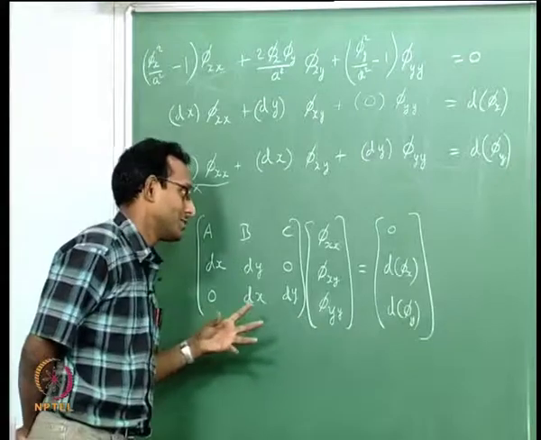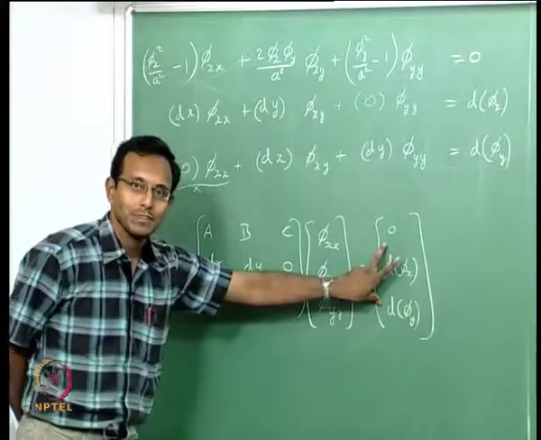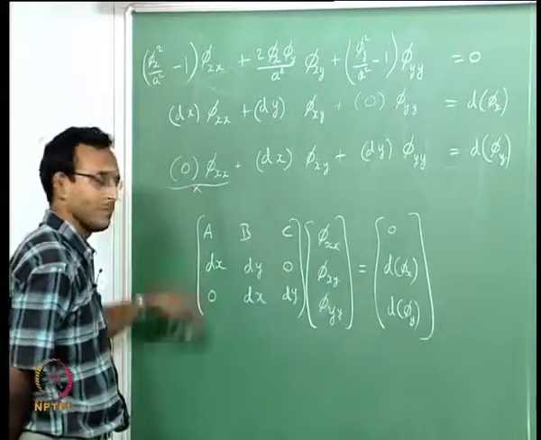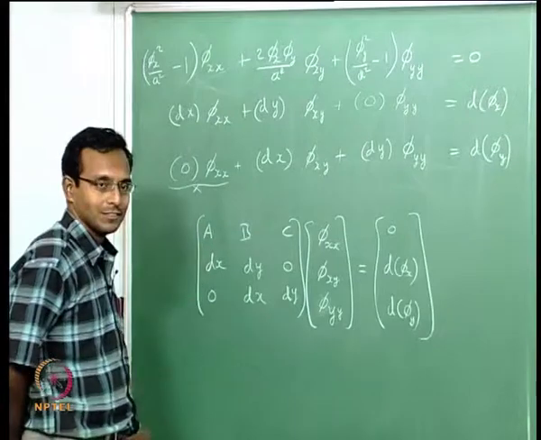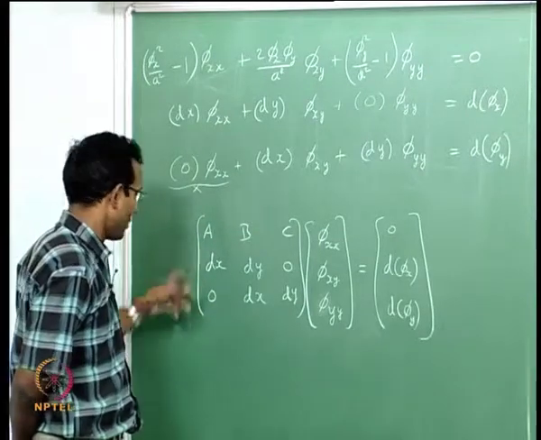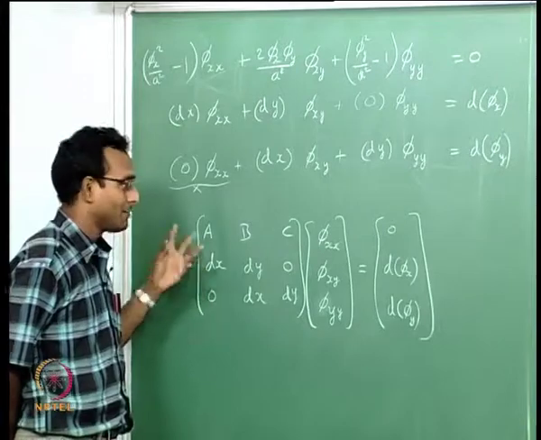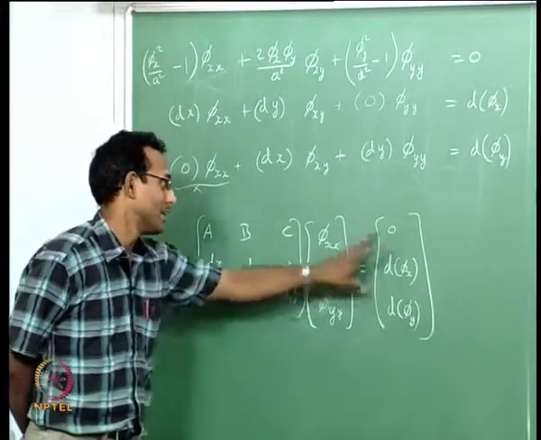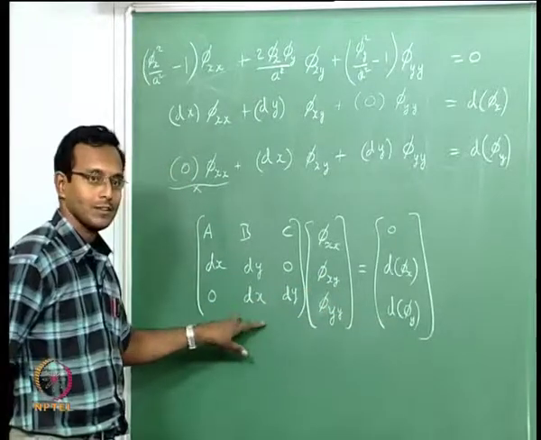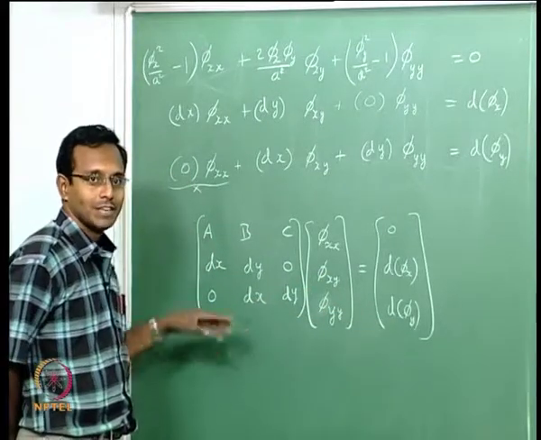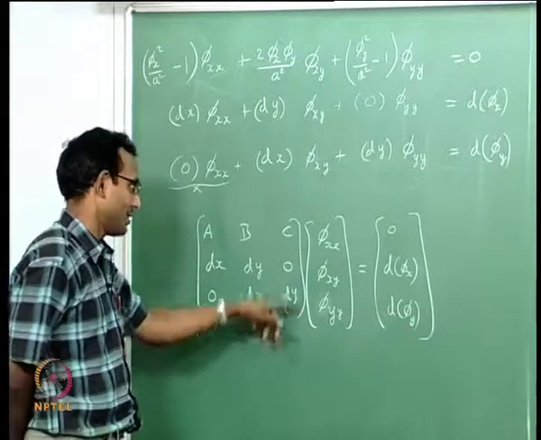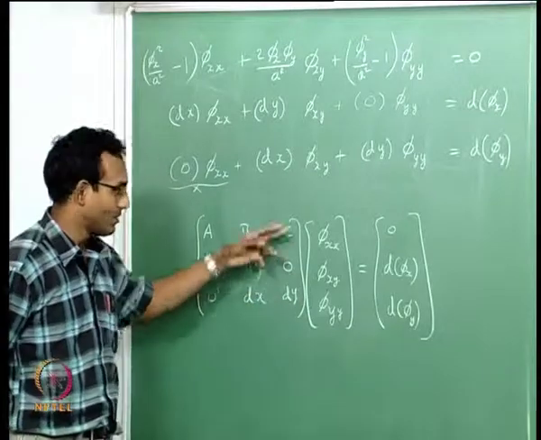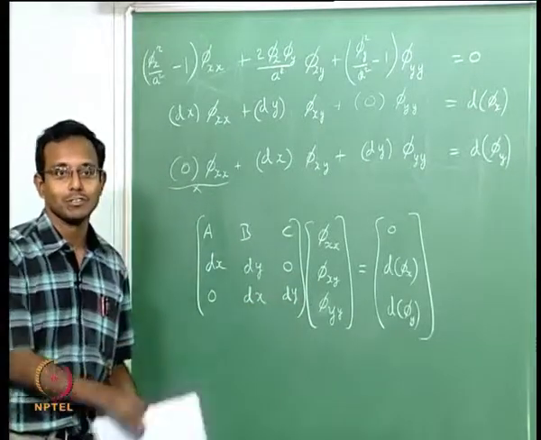That is, what they do is they will take this column, substitute, say if I want to solve for phi xx, they will take this column, substitute with the first column, find the determinant of that matrix, divided by determinant of the original matrix. That will be the value for phi xx. Similarly, if I want phi xy, I will take this, substitute the second column, and then do the determinant, that will be in the numerator, divided by this original matrix determinant in the denominator, that will be my phi xy. Like that you can solve for all these three variables. This is our Cramer's rule.